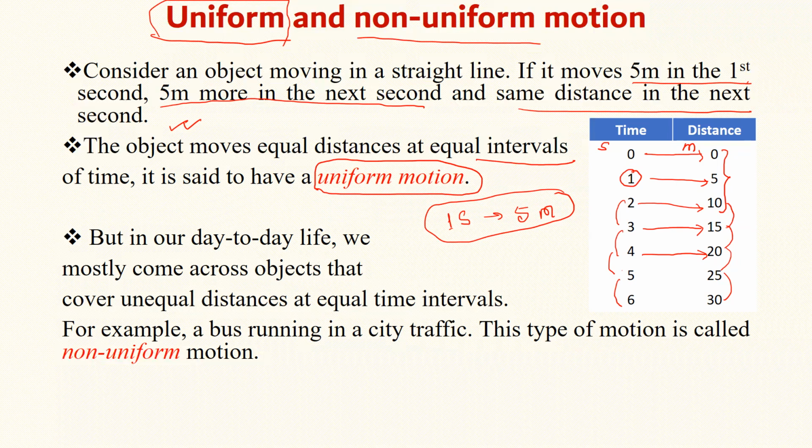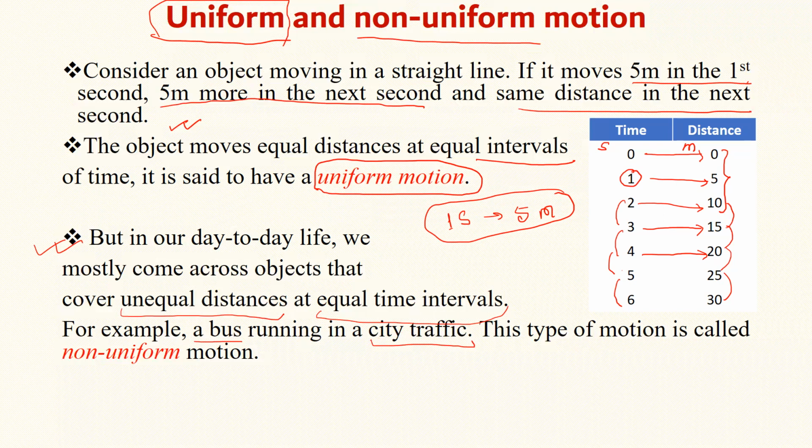But in our day-to-day life, how often do we see uniform motion? That is a question. In our day-to-day lives, we mostly come across objects that cover unequal distances at equal intervals of time. Suppose a bus is running in city traffic, or a car is moving in city traffic. Will it be able to cover equal distance at equal intervals of time?